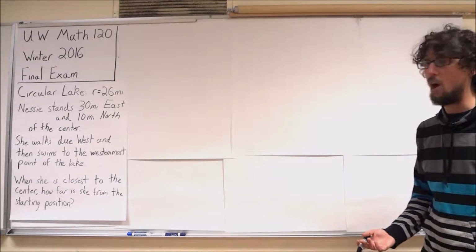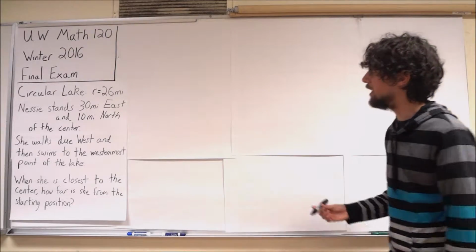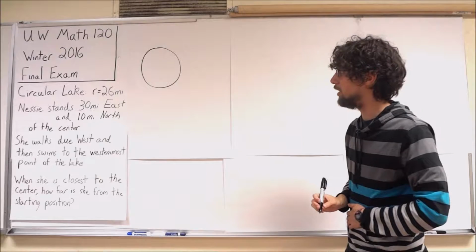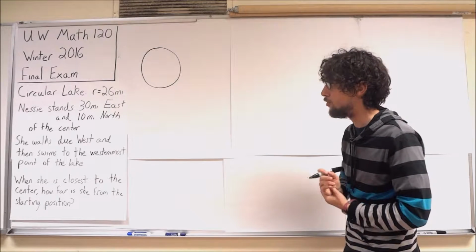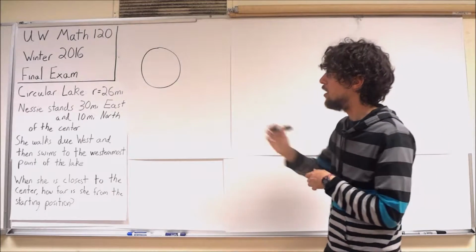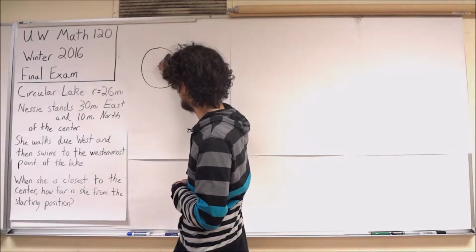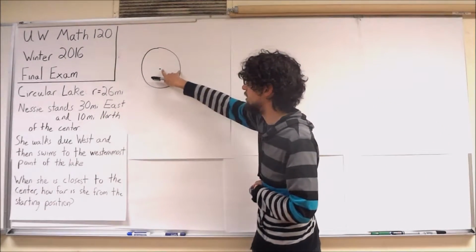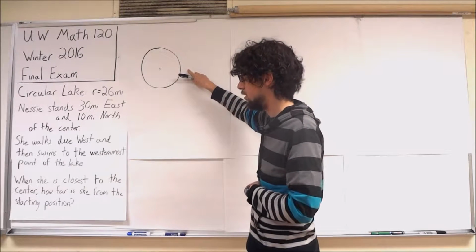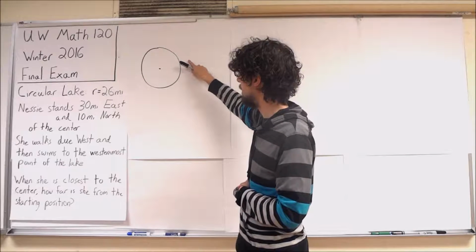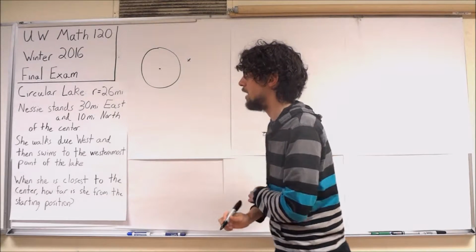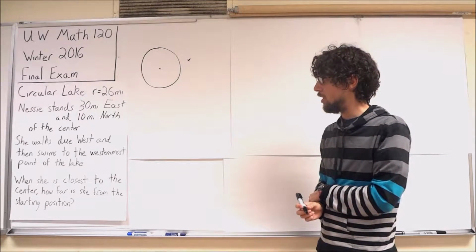Okay, so let's start by drawing a picture. We have a lake. And we know initially that Nessie is 30 miles east and 10 miles north of the center. So here's our center. The lake is 26 miles in radius, so she's just a little farther east, and 10 miles north is maybe about here, is Nessie's starting position.